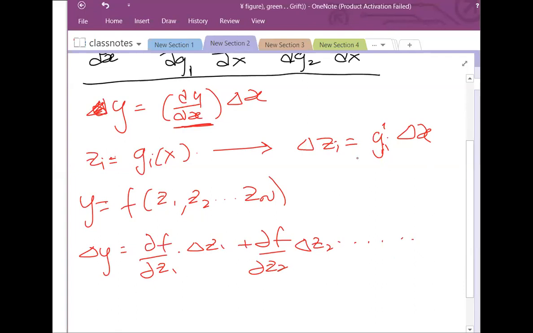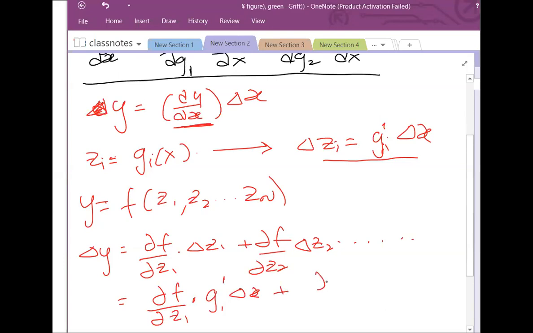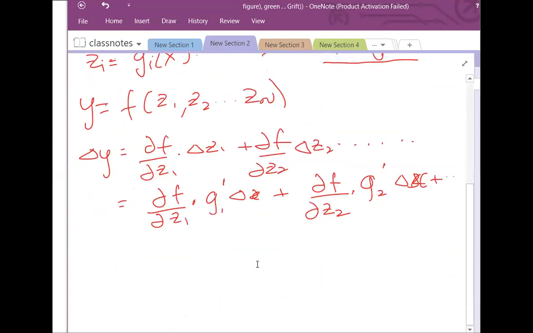And I can plug this formula right here. That's going to be the partial of f with respect to z1 times g1 prime times delta x plus the partial of f with respect to z2 times g2 prime times delta x, and so on, which I can just pull out the x's and write like so.